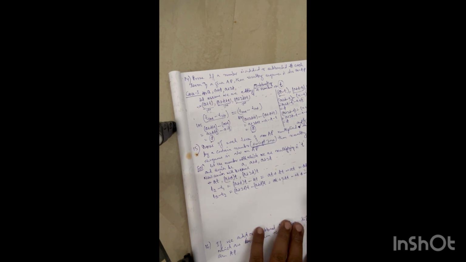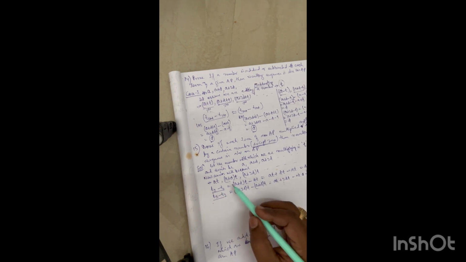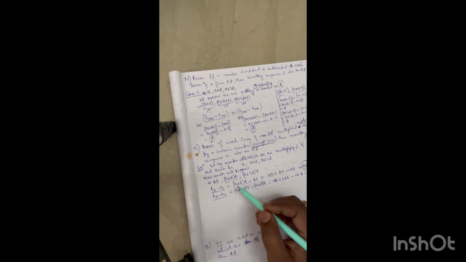If we nullify all the common terms, we will definitely get dt as a result. Now you see the common difference in both cases is the same. By that we can say the new series is an AP, but the common difference is not the same as the original common difference of the given series.